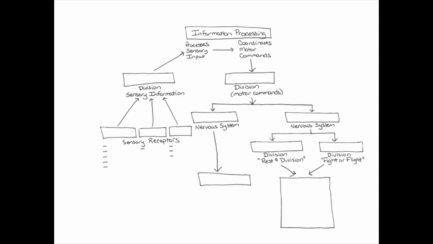We have the special sensory receptors. So what are your special senses? Seeing, hearing, tasting, smelling, balance, right? Those things are all special senses. Why do we call them special?